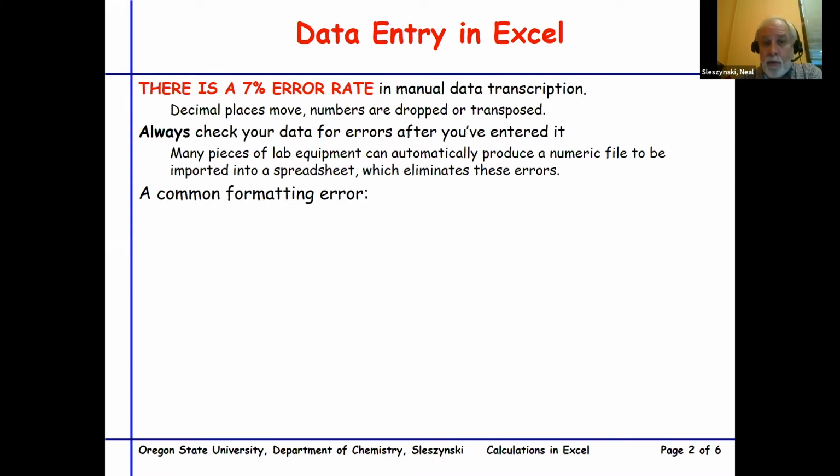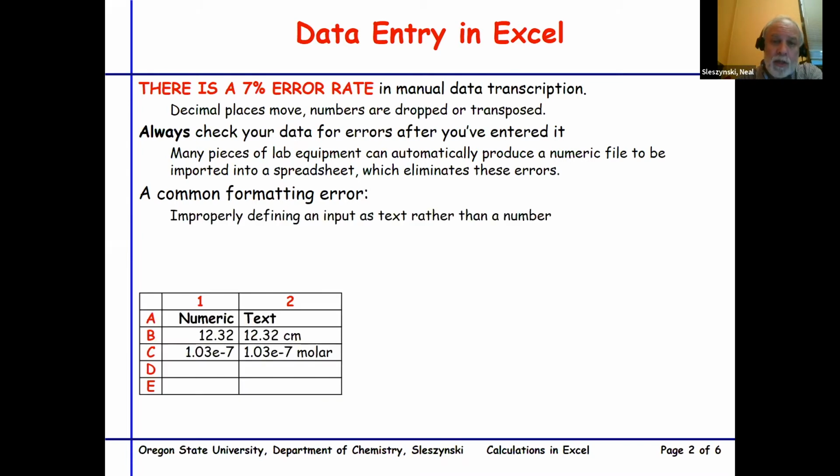There's a very common formatting error that I'd like to call your attention to, which involves improperly defining an input as text rather than numeric. If Excel interprets something that you've put into a spreadsheet as numeric, it will right justify it in the cell, as we see in column 1 for the spreadsheet shell shown below.